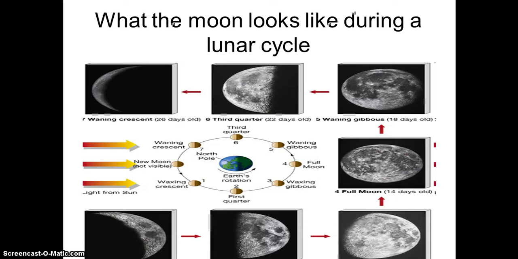Notice you will see a full half of the moon during a full moon phase, and you will not see any portion of the moon during a new moon phase. For question number 4, please tell me, if the moon is wearing away from full to new, would that be waxing or waning phase?